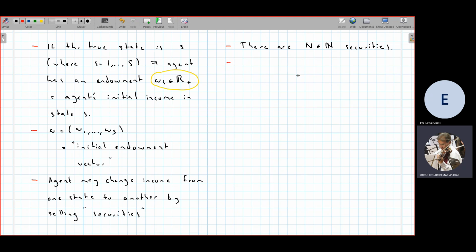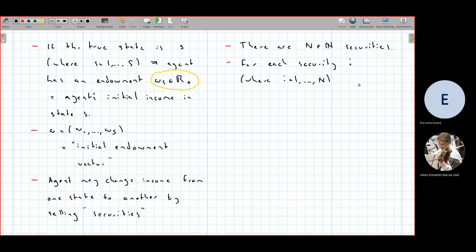And we are going to suppose that these securities also have prices. So let's mention that. For each of these securities, so we're going to represent the security by i, where i can be 1, 2, so on, n, 1 unit of security costs a certain value.